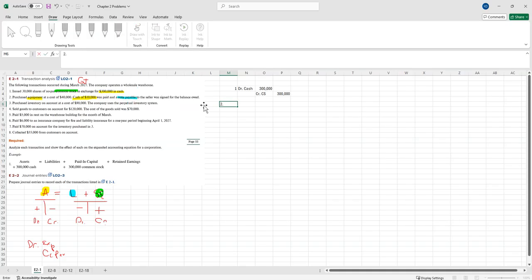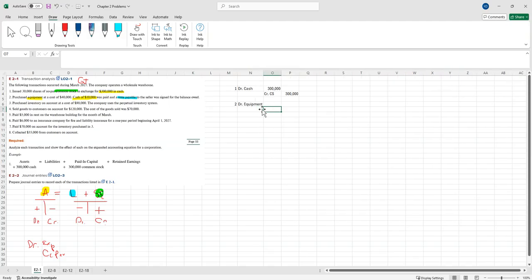So if we were to do the journal entry for 2, it will be debit equipment. Let me just make this a little bit bigger here. Credit note payable, credit cash. We know the equipment was $40,000, and we know that we paid $10,000 in cash.